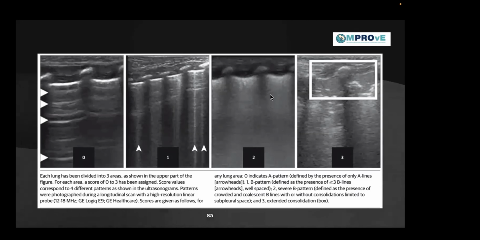Again, this is B profile, compact B lines, and this particular area where you can see some consolidations is your C profile. These are the patterns, and it could be any disease. With the correct clinical context or background, we can come to a conclusion why we are seeing what we are seeing and what pathology we are dealing with.